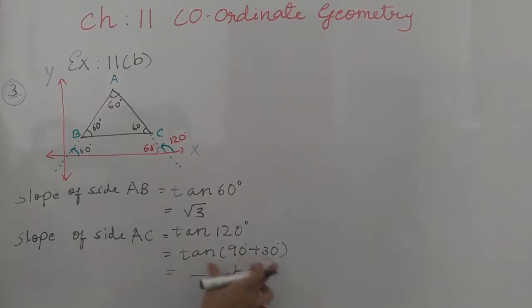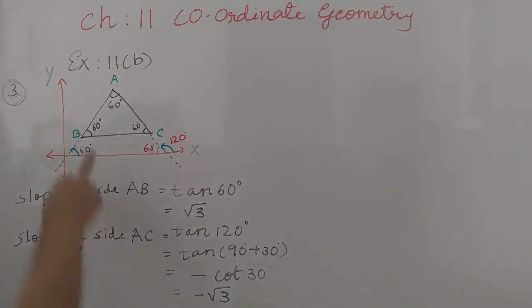Actually the value of 90 plus 30 is cot 30, but minus, because this is obtuse and in an anti-clockwise direction, so minus cot 30, and the value of minus cot 30 is minus root 3. So here we get second side slope AC minus root 3.